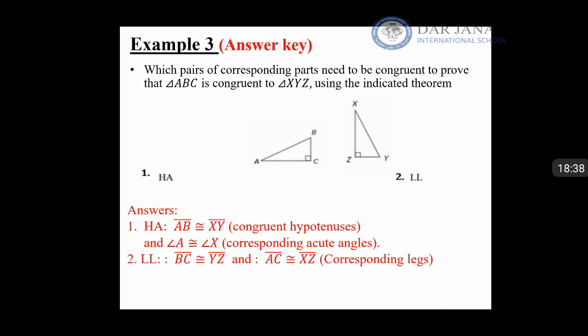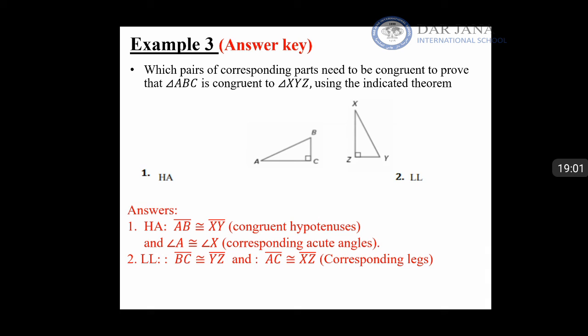So technically the first thing we should be given is that AB is congruent to XY. So the hypotenuse in the first right triangle must be congruent to the hypotenuse in the second right triangle. So what about the angle? We need an acute angle in the first right triangle that's congruent to its corresponding acute angle in the second right triangle.